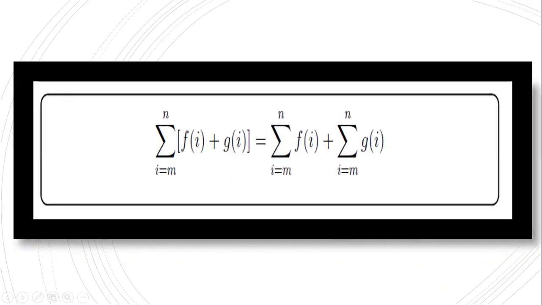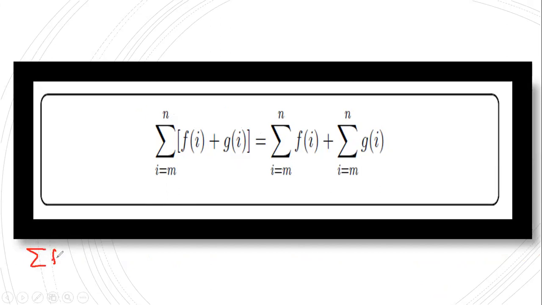The next property that we will be discussing is the summation. As we observe here, we have summation of f of I plus g of I, of two functions, where I ranges from m until n. We will start from the left side.